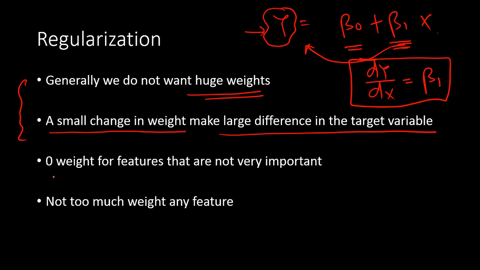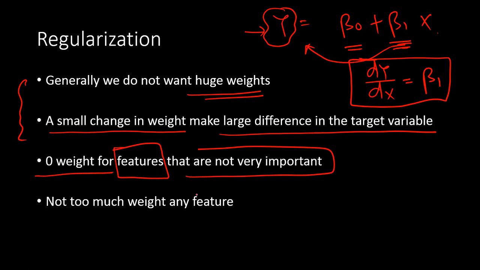So essentially what regularization does is it puts zero weights to the features, the variables that are not very important. Secondly, there should not be too much weight on any feature.